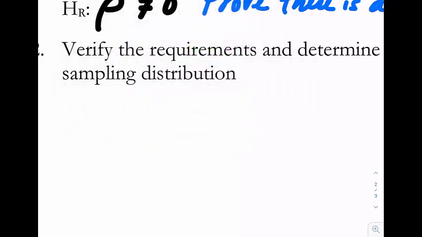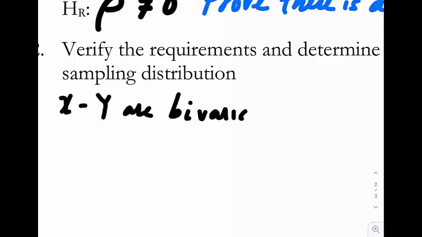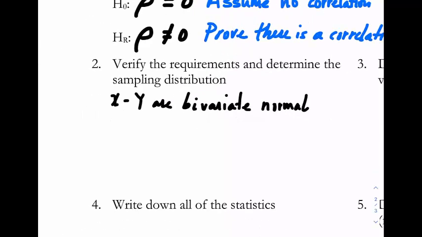Part two is to verify, so we want to assume or have proven that both x and y are bivariate normal. And because that's the case by assumption, we get to use the t-distribution.